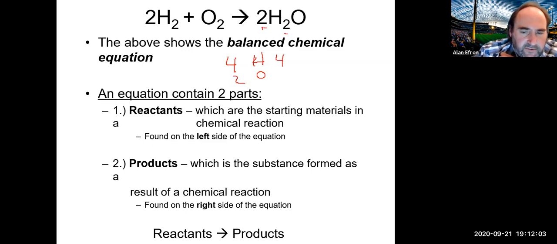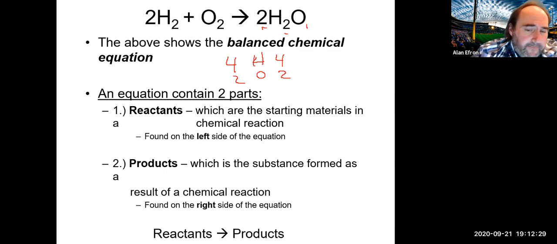Right-hand side, 2 times 1 is 2 oxygens. So on both sides of the arrow we have exactly the same number of each element, and that makes it a balanced chemical equation. In chemistry, anytime you're dealing with anything involving equations, you definitely want to make sure that it is balanced.